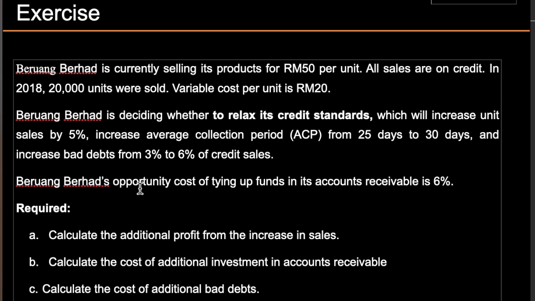Yeah, we have another one, which is, this is relaxation, right? We have tightening. So you have to tighten your credit standard. Tightening is when, instead of increasing the number of days, for example, if it was 30 days for customers to pay back, then you tighten, you reduce to what, 20 days or 25 days.